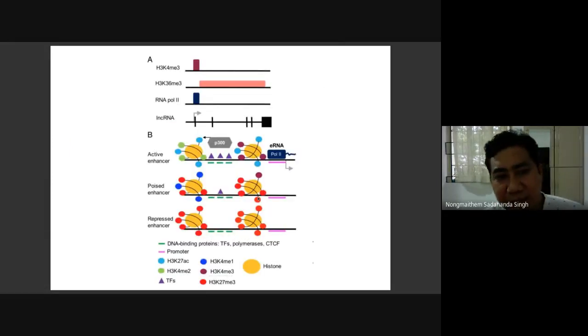Then, as we talked about, chromatin organization is changed. For example, the H3K4 methylation pattern or H3K6 methylation pattern affects the RNA polymerase activity.